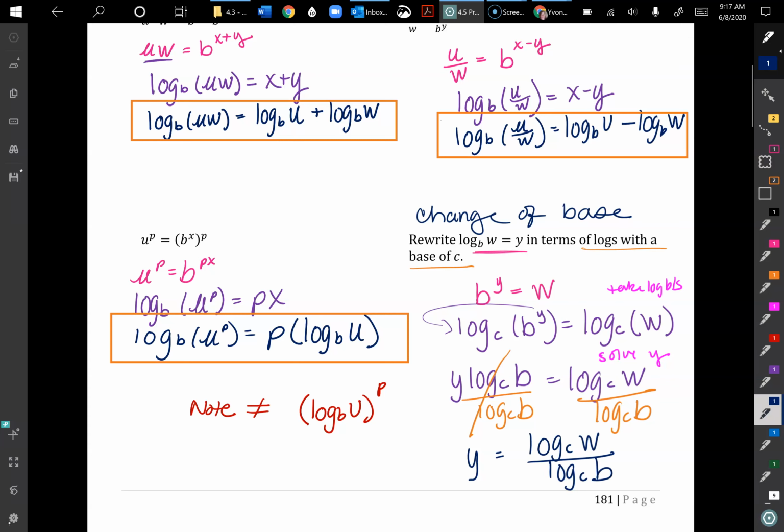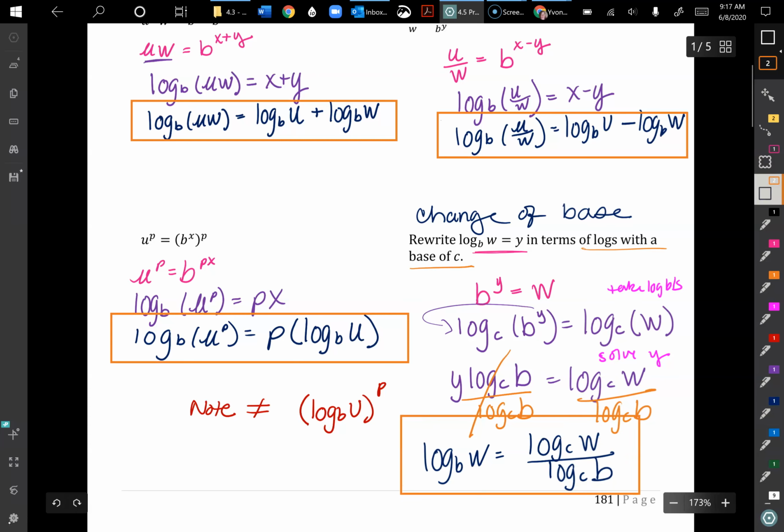But remember, y actually equals, right up here from the beginning, y is going to be log base b of w. So we'll just go ahead and replace that right there, log base b of w. So now we have this change of base property, which is really nice.